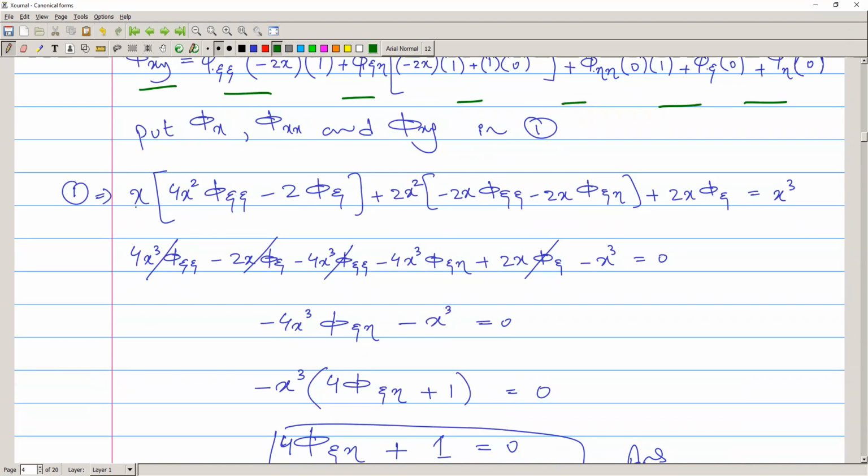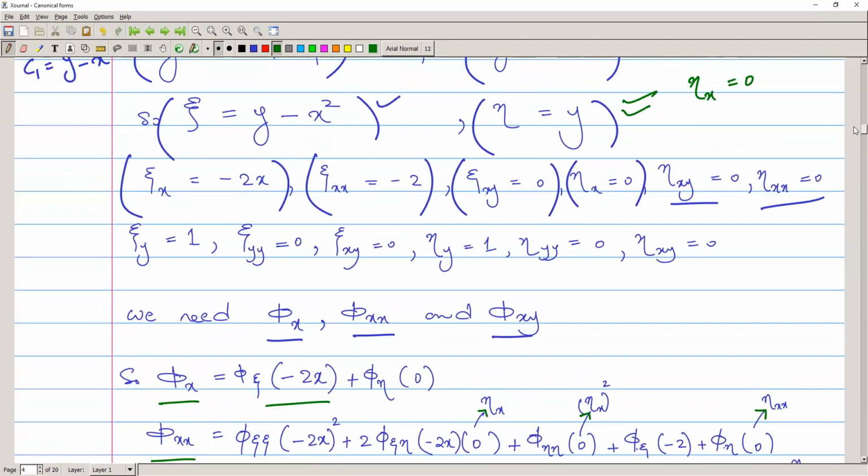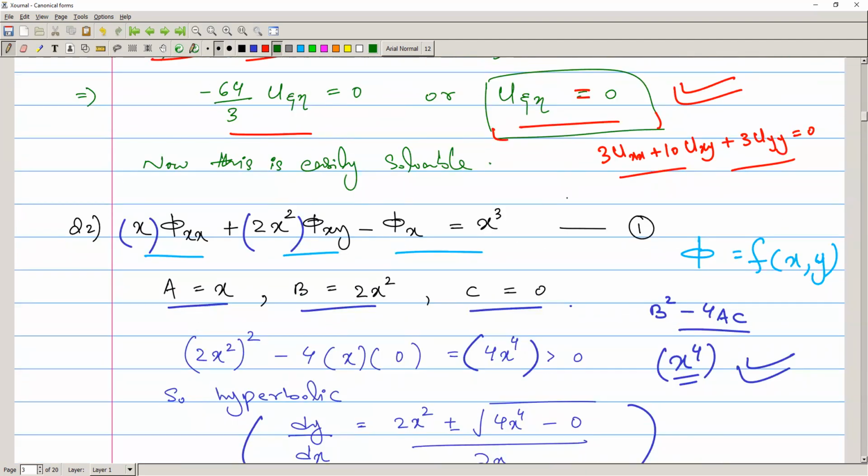So here we go, you can see that the question was x times phi xx. So here is phi xx, then plus 2x squared times phi xy. This is phi xy, plus 2x times, let me check, it's negative phi x, right?